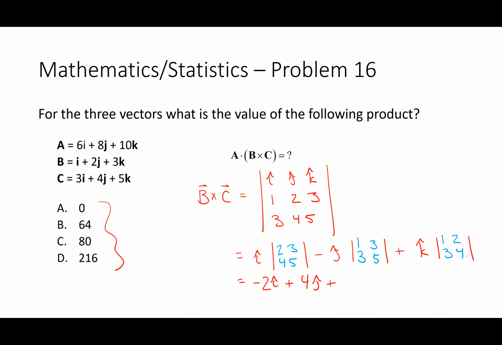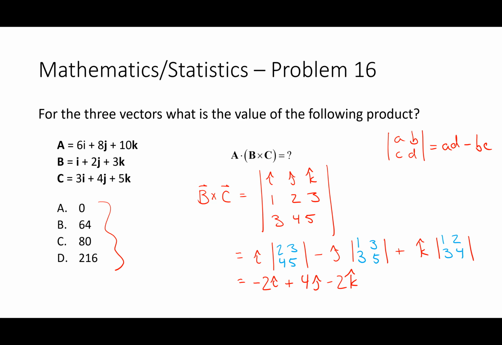Then 1 times 4 is 4, minus 2 times 3 is 6, so that's minus 2k. If you're having a hard time following what I just did, if you have a determinant of a 2 by 2, you just do those two minus those two. That should be pretty easy.